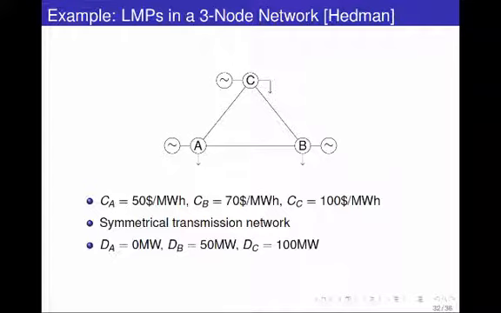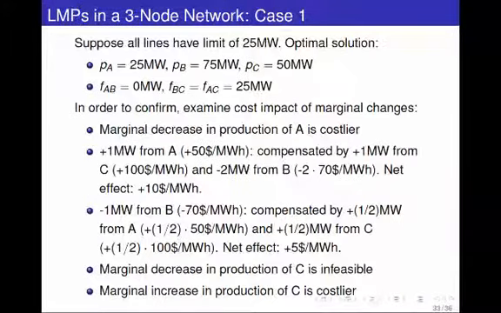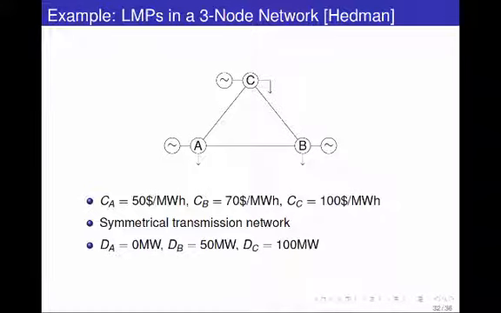Turns out that the cheapest way you can do that reconfiguration is the following. If A goes up 1, which is going to cost 50, this line is going to suffer because it's going to send power that way, and that line is already overloaded.